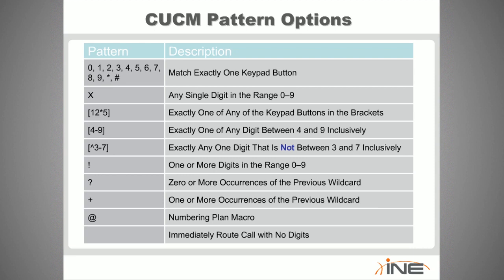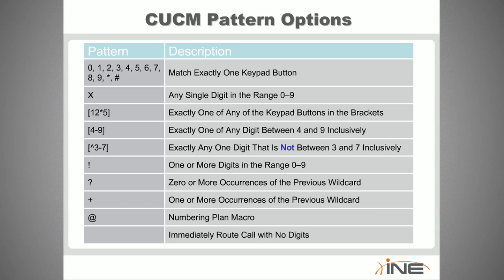And then 4-9 is exactly any one of the digits between, so 4 and 9 included, and then also 5, 6, 7, 8. Then we have one that most people don't typically think of, and if you've done any work in iOS, whether on SIP or H323 gateways, you've probably seen the caret symbol as a regular expression that denotes the beginning of a string.